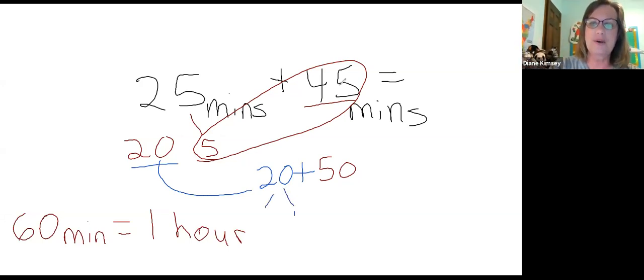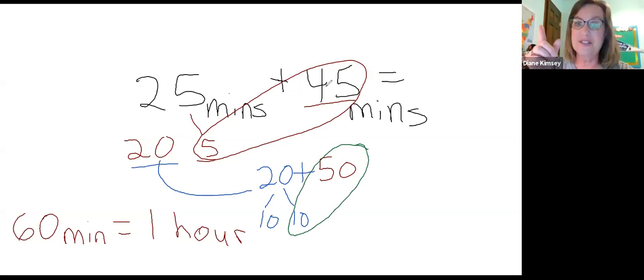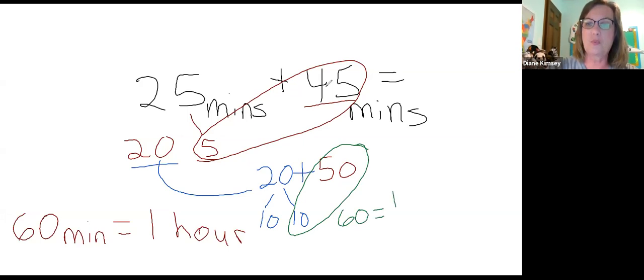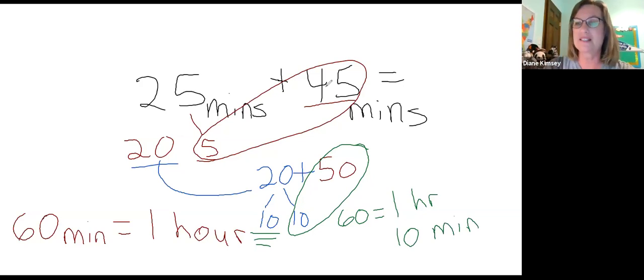And so I feel so much more comfortable saying, aha, 50 plus 10, there's my 60, which means that is 1 hour. And how many minutes do I have left over? 10 minutes. And so 25 minutes plus 45 minutes equals 1 hour and 10 minutes.